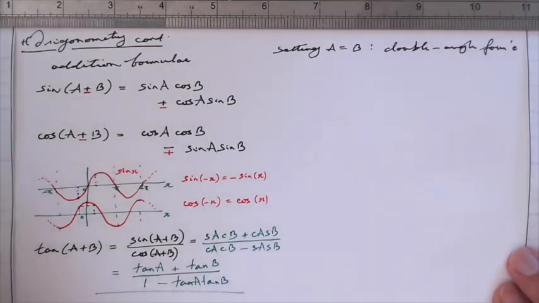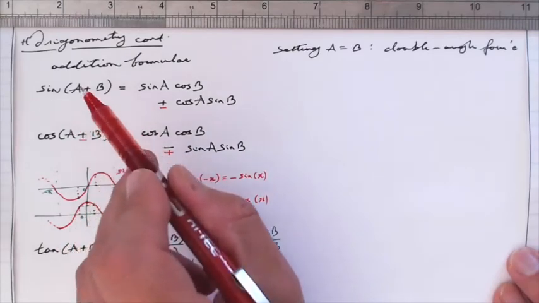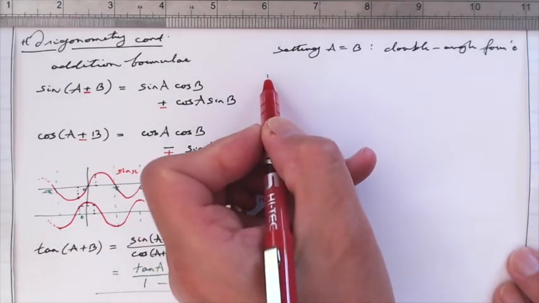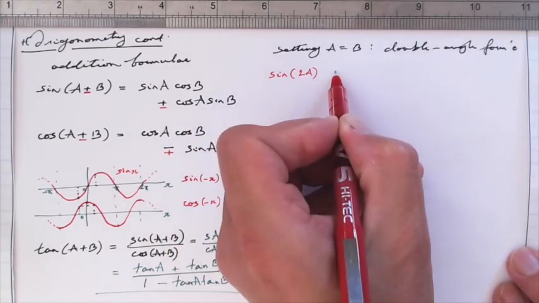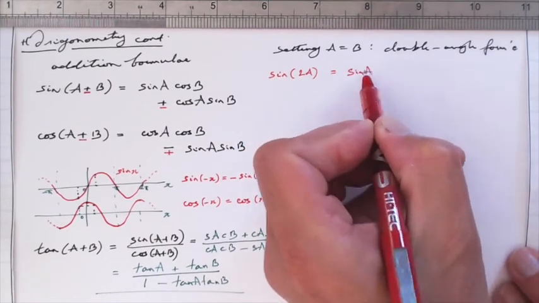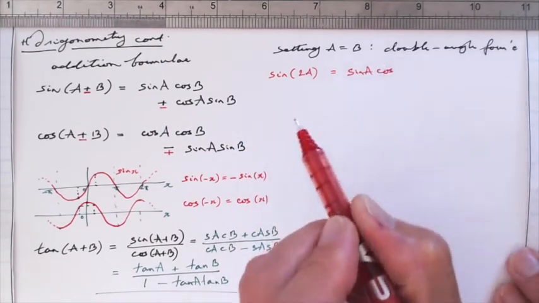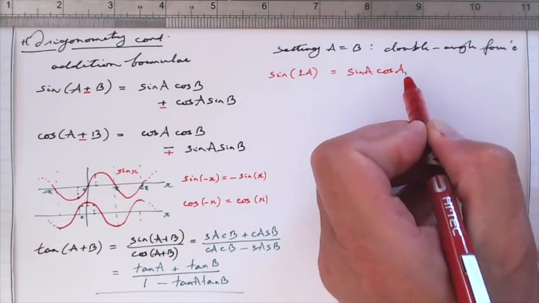Right, so let's have a look at this. If I look at sine of a plus b and I set a equal to b, the left-hand side will be the sine of 2a. And I'm going to get sine a times cosine of b, but remembering we're setting a equal to b, that's just cos a.